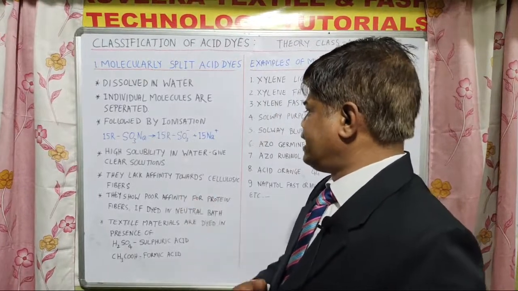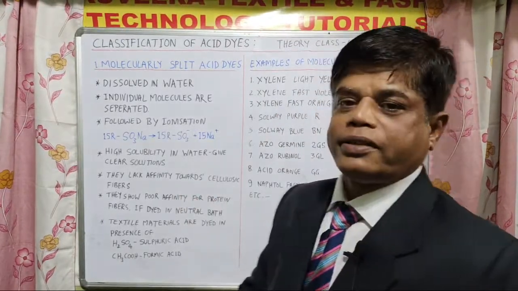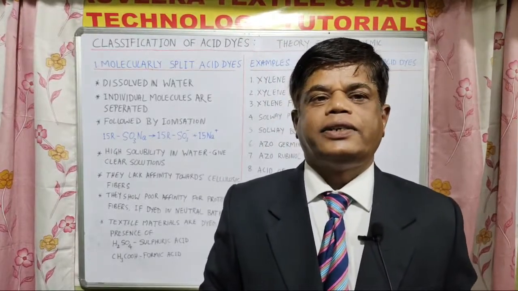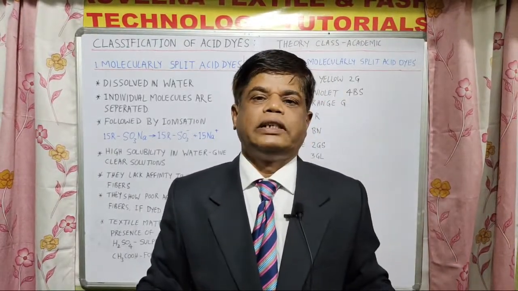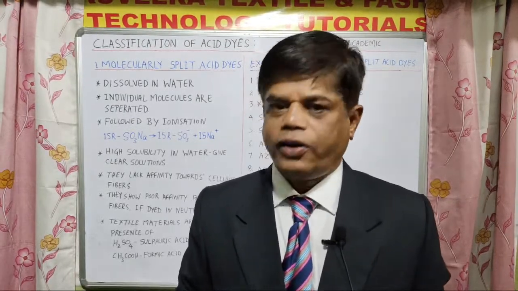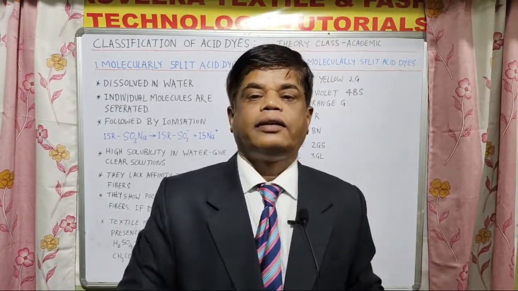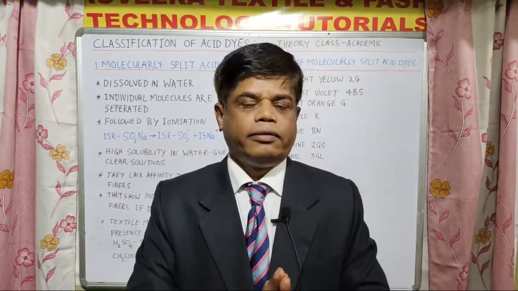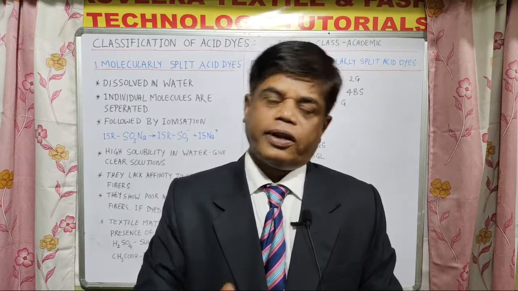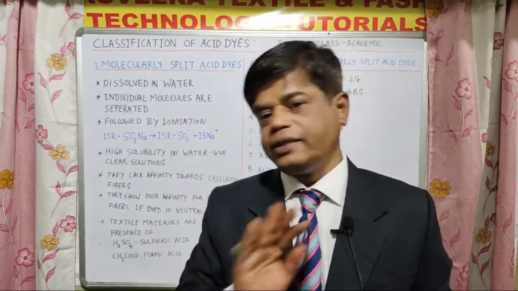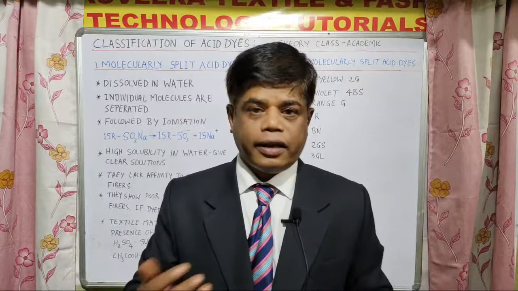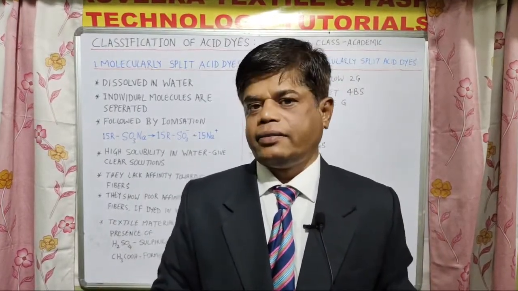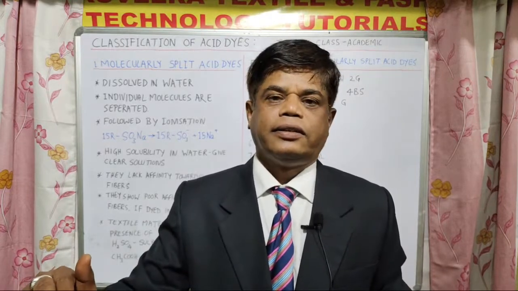Next point is they lack affinity towards cellulosic fibers. This is right. Acid dye is not used for natural fibers like cotton, linen, jute, hemp, or any cellulosic fibers. For them, other kinds of dyes are there: vat dyes, reactive dyes, basic dyes, direct dyes.